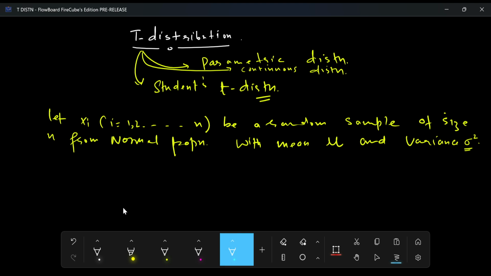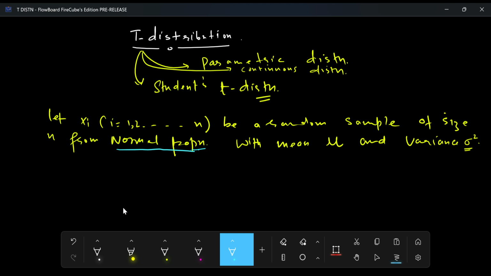Whenever we talk about sampling distribution, we talk about a random sample. This normal population makes the T distribution a parametric distribution. Whenever we have a normal population for any distribution, then the distribution will be called a parametric distribution, right?